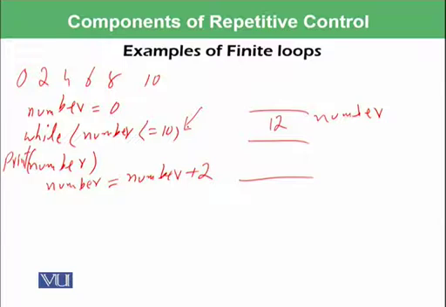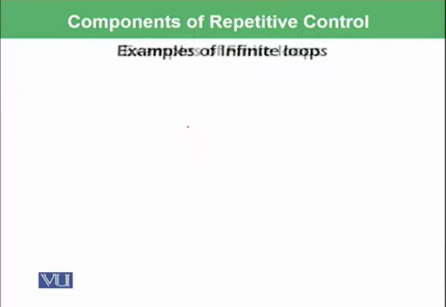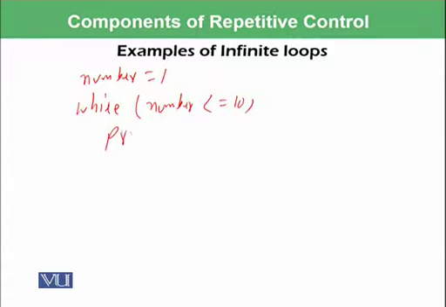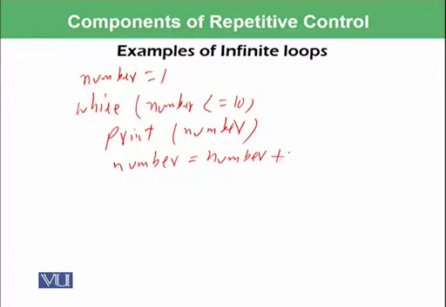That's perfect. However, the same loop can be redesigned with a little trick. We have number is assigned 1, while number is less than or equal to 10, print number, and number is assigned number plus 2.